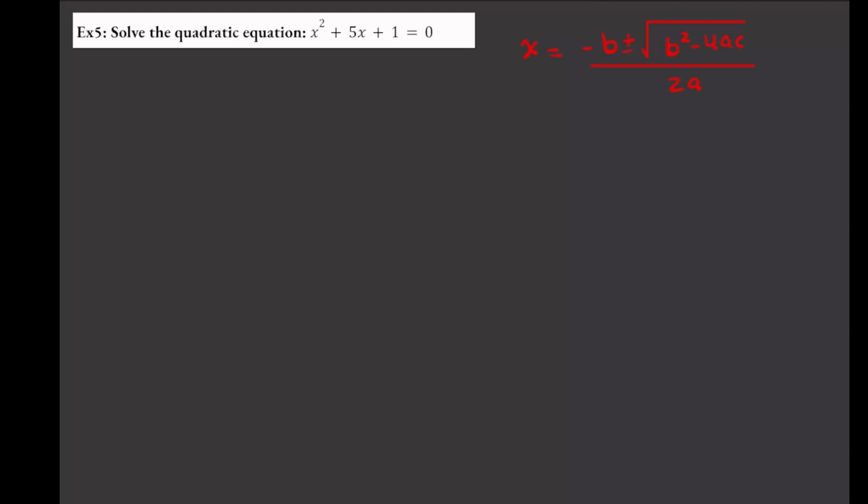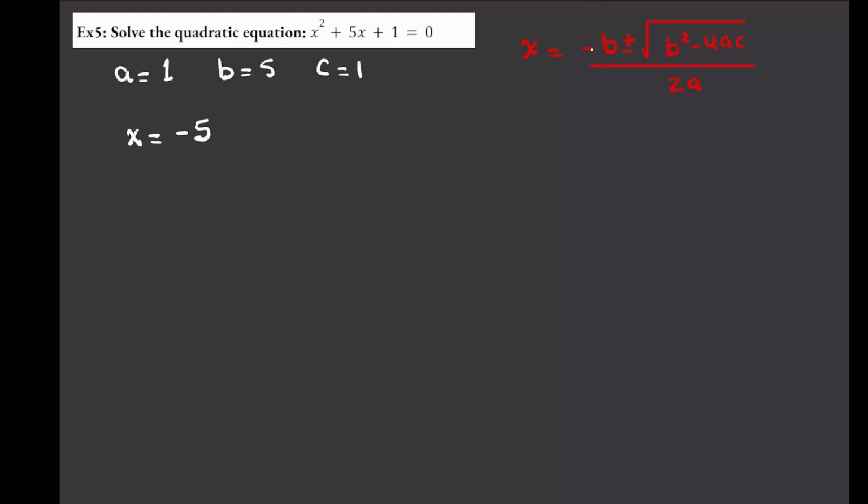So the first thing right here, I need to identify what my a value is, which is 1. My b value is 5, and my c value is 1. Now all I have to do is take these terms and plug them into the quadratic formula. So here I would have x is equal to, my b value is 5, so negative 5.